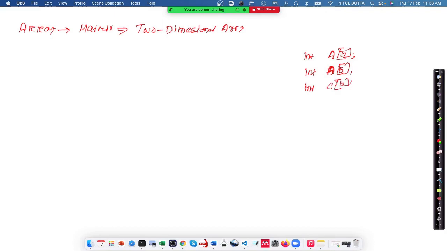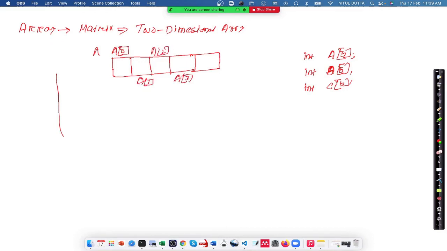If these are the declaration statements, what the compiler will do is, for a, it will reserve 5 different locations and it will be named as a, and all the individual elements could be retrieved using A0, A1, A2, A3 and A4, like this.